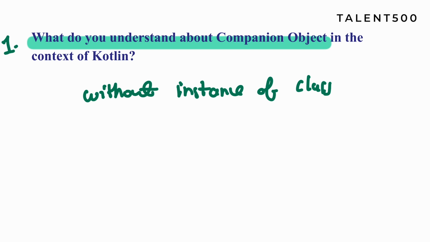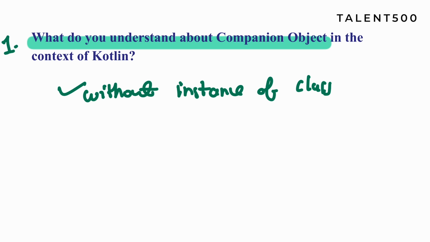I'll give you the example and then it will make more sense to you. So basically, by declaring the companion object, you can access the members of the class by class name only, that is without explicitly creating the instance of the class.